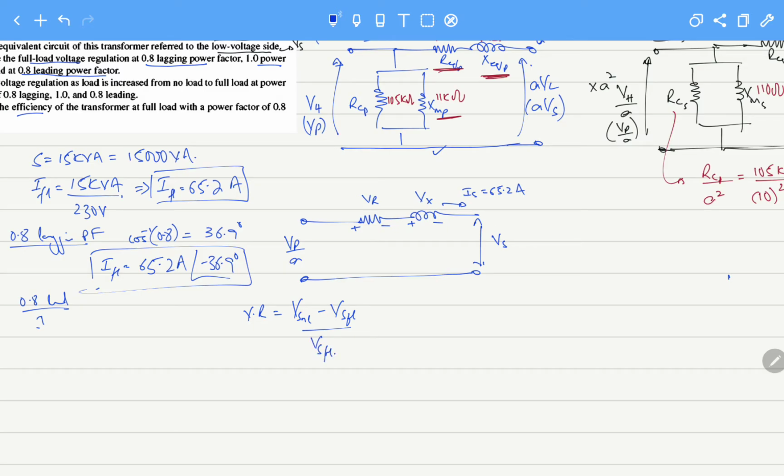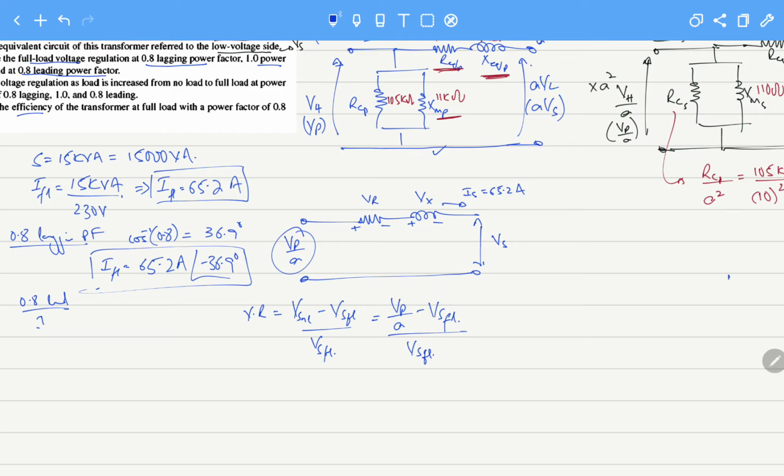At no load condition, when there is no load, the current is 0. This is actually the output of the transformer. So we can write this formula. This is the secondary full load voltage, which is the voltage that we desire out of the transformer.